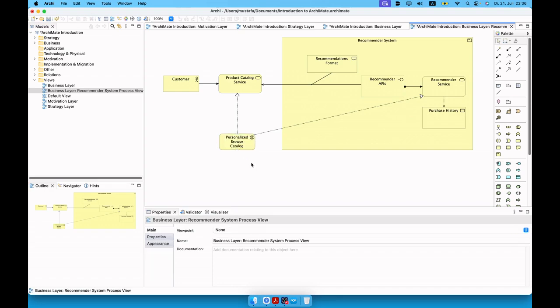So this is the combination of the recommender and the catalog service. Combined together, they give us the personalized browse catalog interaction.